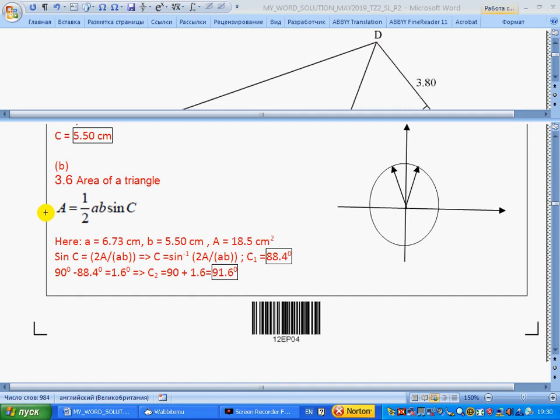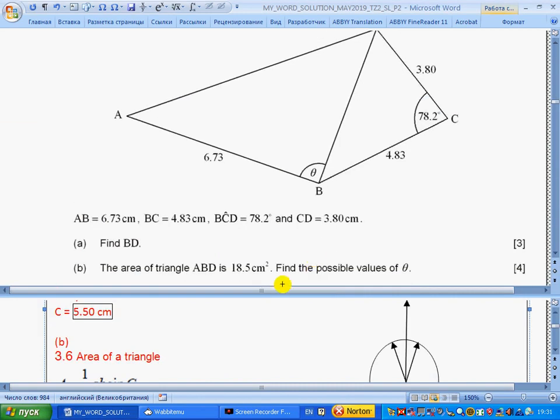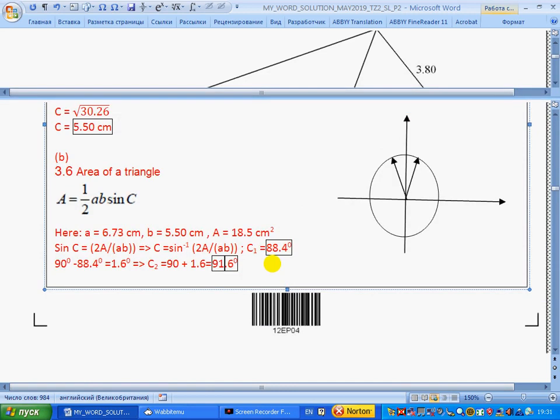Rewriting this formula for C, we get 88.4, but I want to call your attention to the fact that here they write find the possible values of theta. This helps you to realize that there can be two angles. So 88.4 is this angle. So we need 1.6 degrees till 90 degrees.